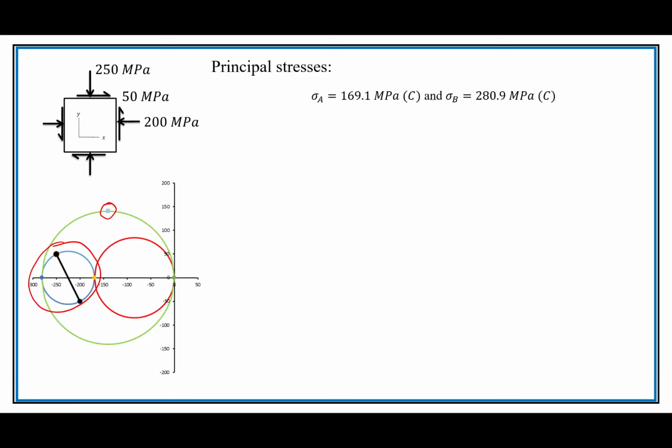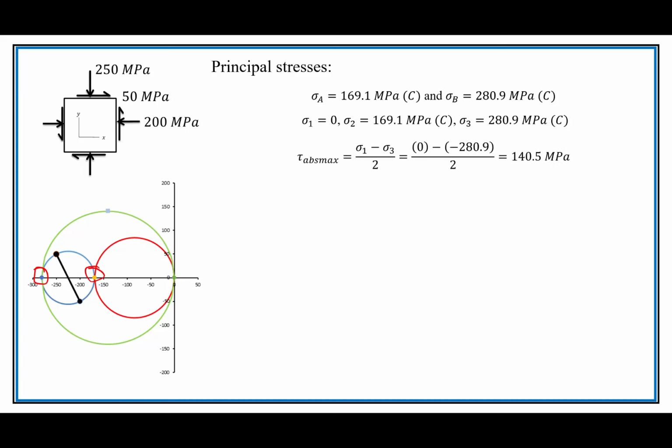So our principal stresses end up being both compressive, which makes sense, right here and right here. If we put them in order, sigma 1 is 0, sigma 2 is compressive 169, and sigma 3 is compressive 281. We want to find absolute maximum shear right here.